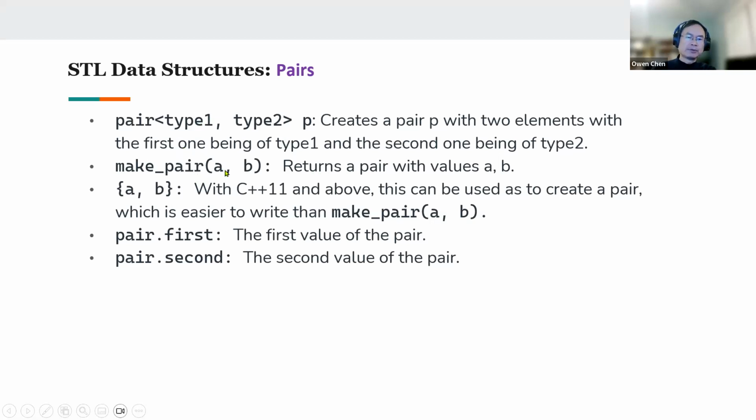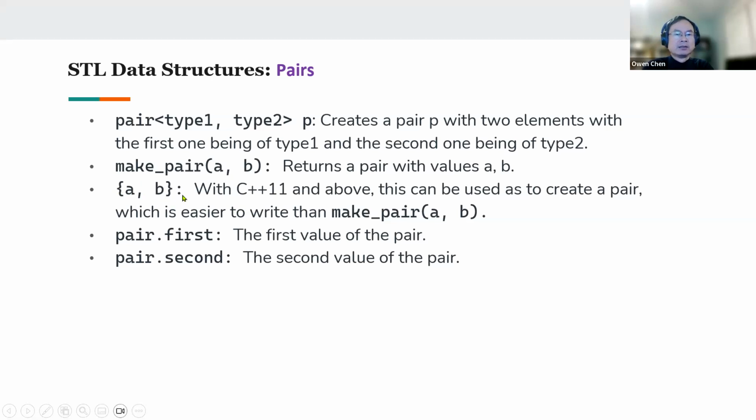Then you can put two variables together using make pair, or you can use braces to put two values in. You can use the braces to assign a list of values to any data structure.